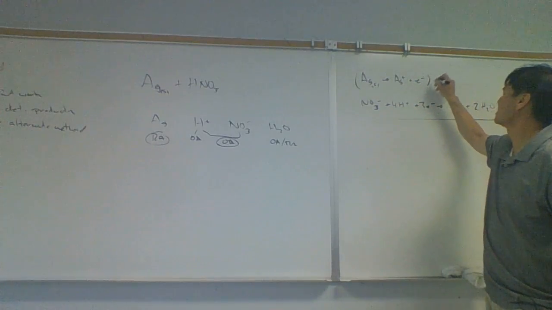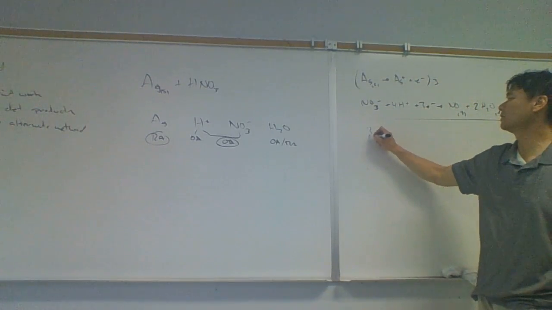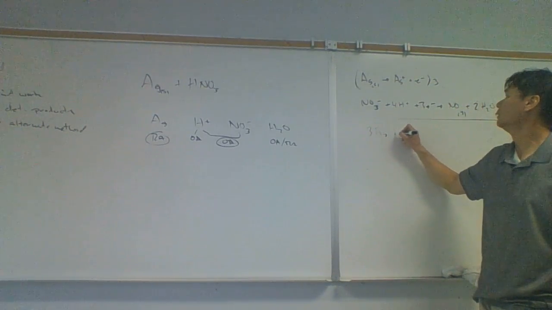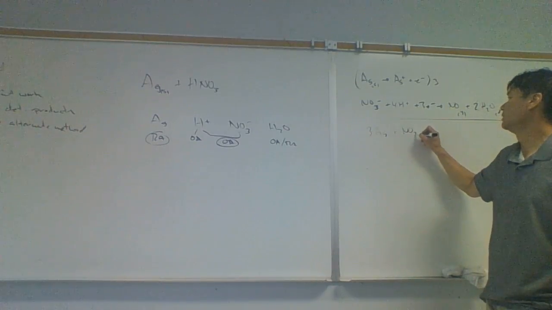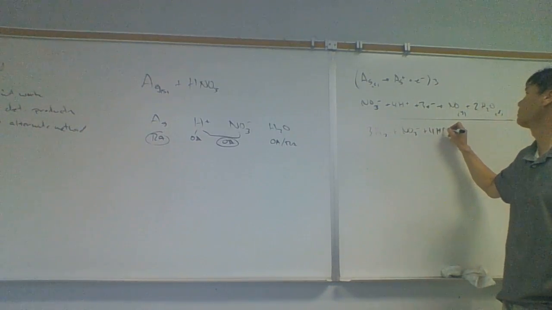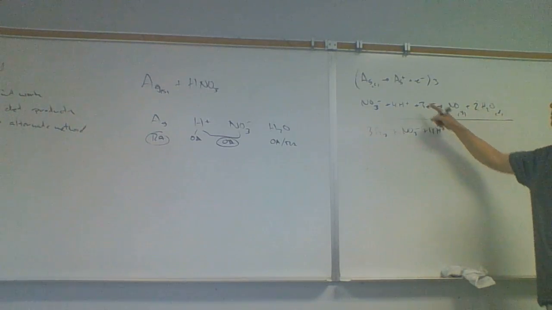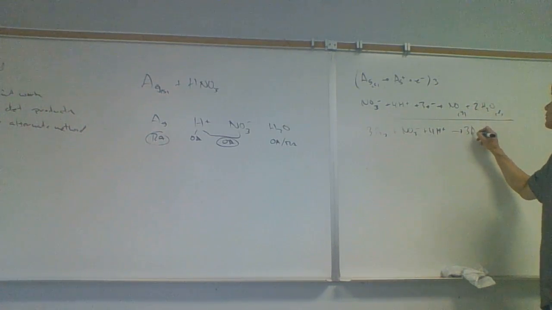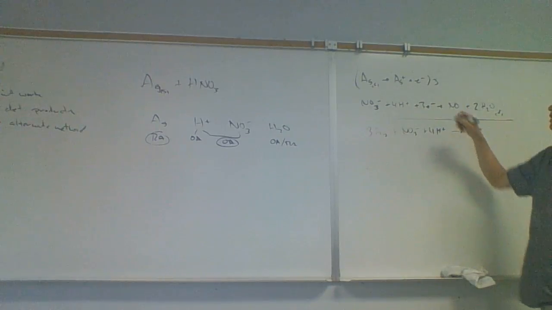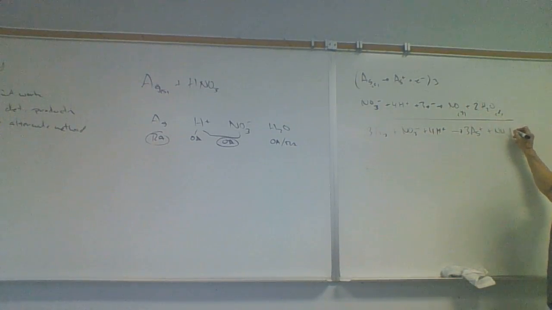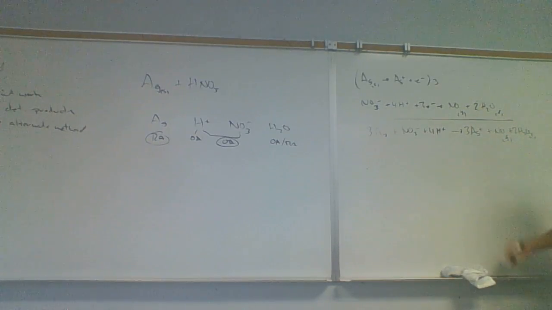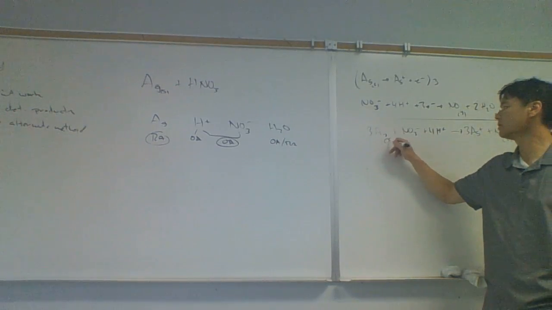So the easiest is to multiply the top one by 3. So we're going to get 3 silvers plus nitrate plus 4H+. Okay, 3 electrons here will cancel 3 here, so I'm not even going to write it down. This is going to go to 3 silver ions, those 3 cancel, plus an NO plus 2H2O. Liquids. Gas. Silver solid.